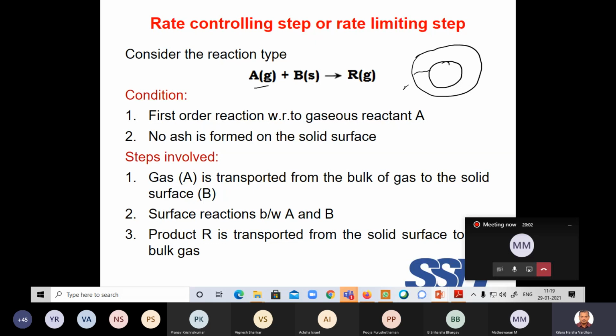Let it be the gas phase, and this is the solid particle. Now what is happening? Let us assume there is a molecule of a gas here.